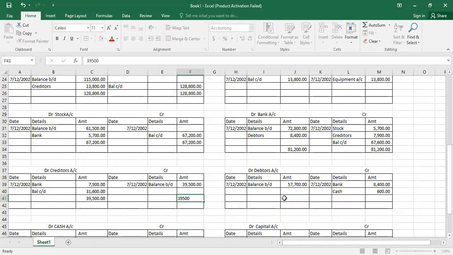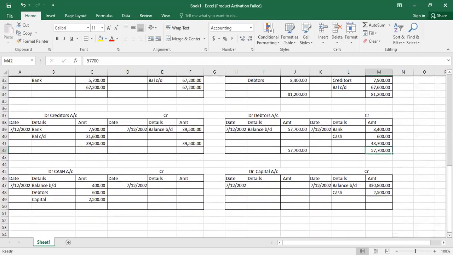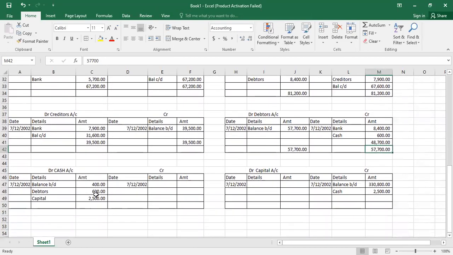This seems to be more. So my books will be balancing at 57,700. So this will be equal to this minus 8,400 minus 600, 48,700. We go on, we are almost there.